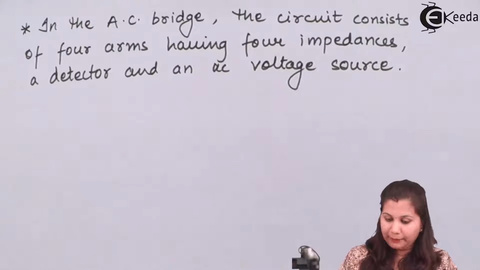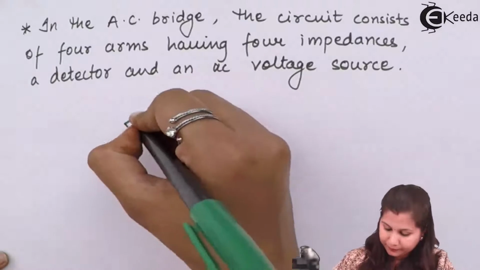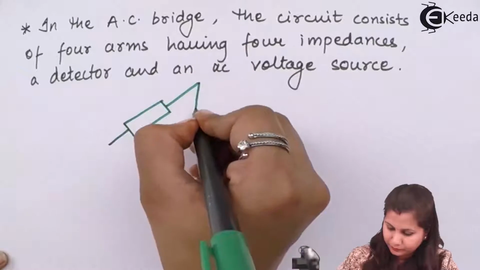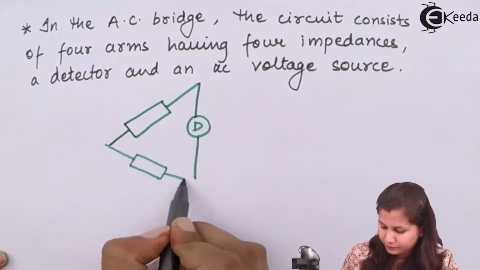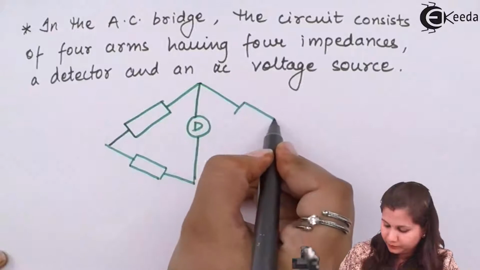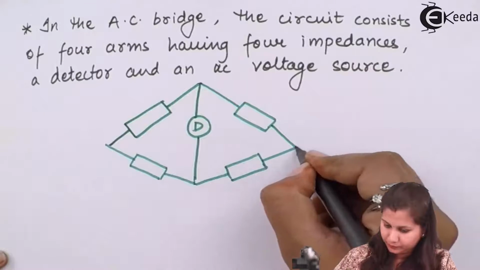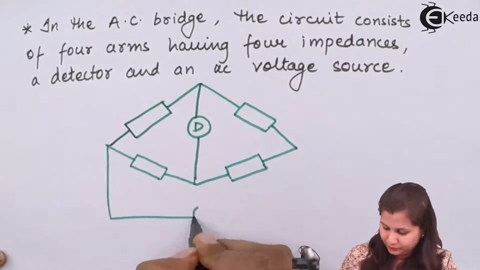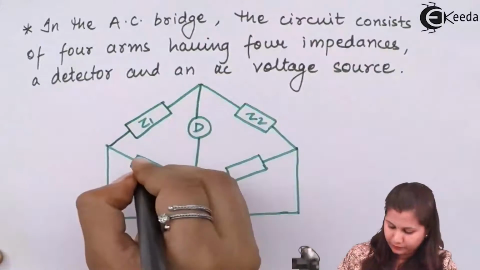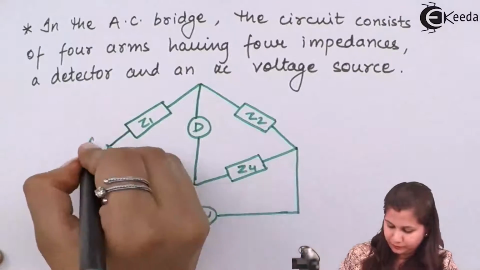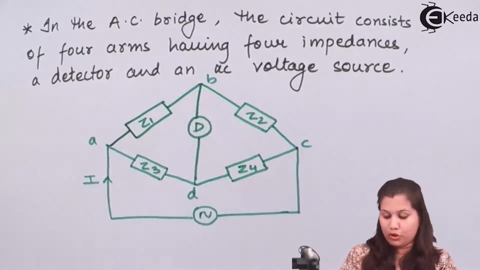So if we draw a basic AC bridge network, it will be like this.